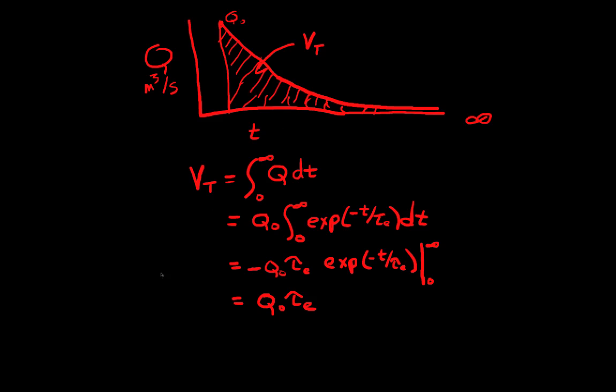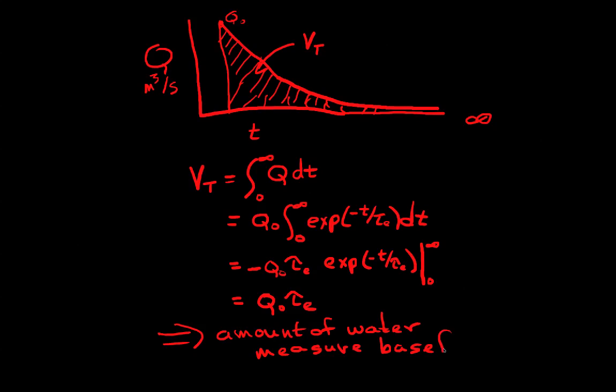So the amount of water can be quantified if you measure base flow and determine the recessional time constant, tau sub e.